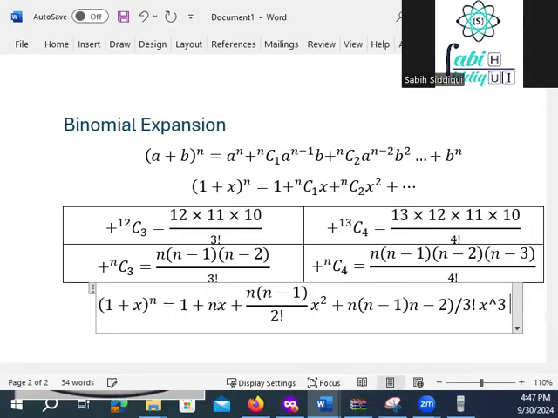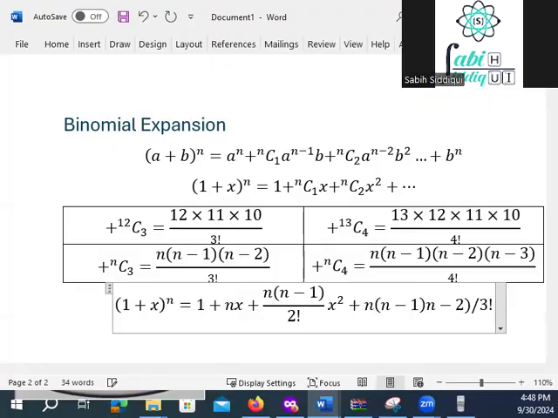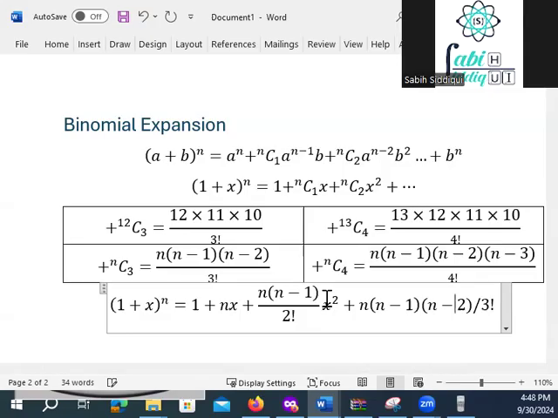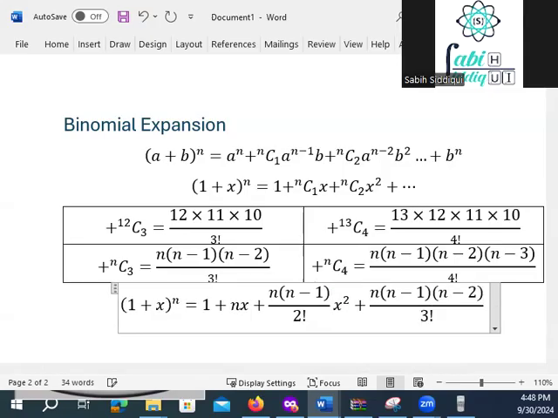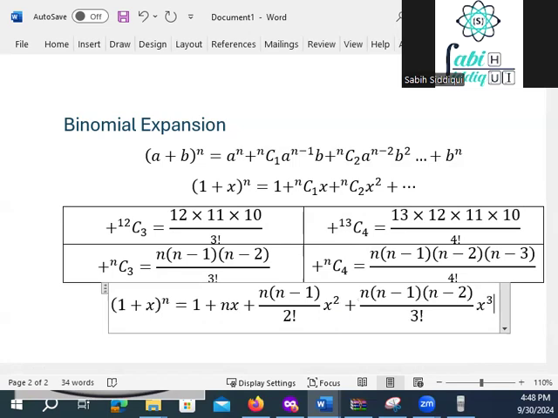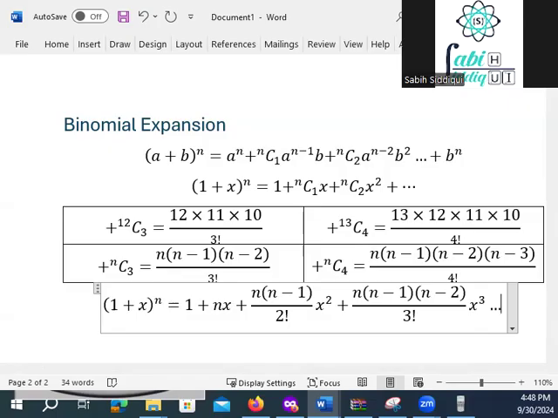So what advantage is this giving me? What extra advantage is this giving me? What was the limit of using NC3, NC2 from the calculator? N was only a positive integer. In this case, can I say N can be any rational number? N can be positive, N can be negative, N can be in fractions.